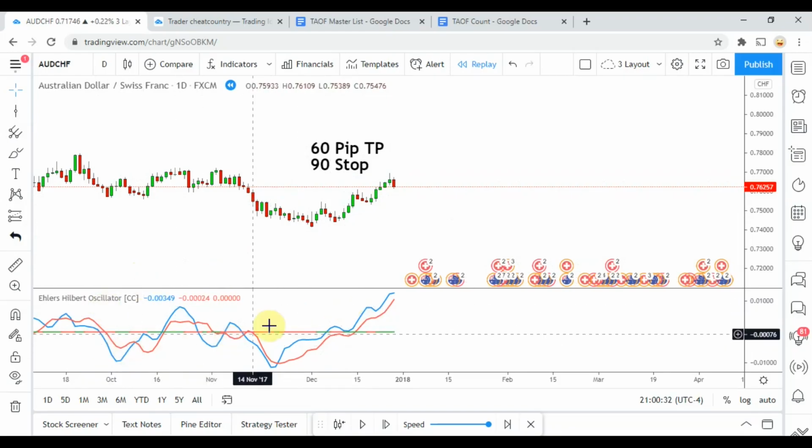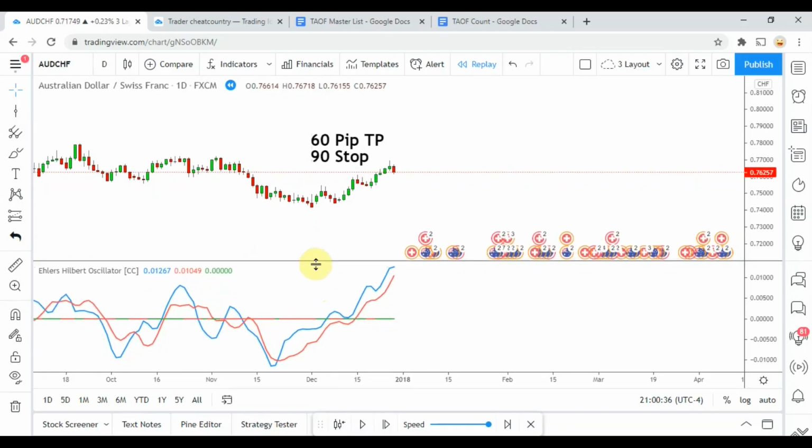Alright, so basically what we have here is a two-line cross type indicator. I read through the indicator page that I have linked down in the description, the one from the creator itself on TradingView.